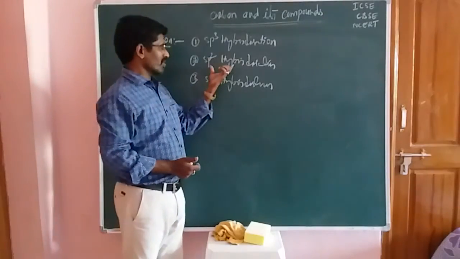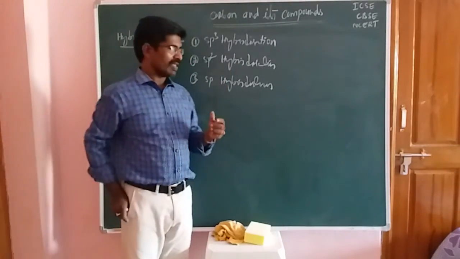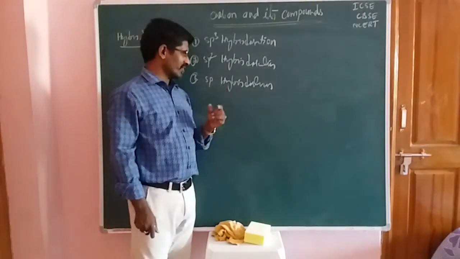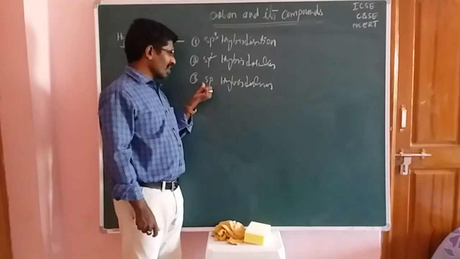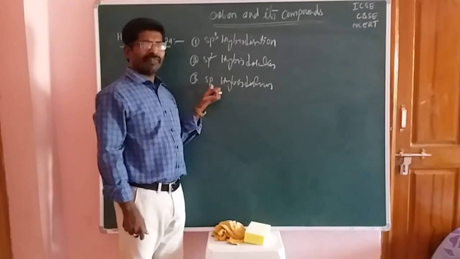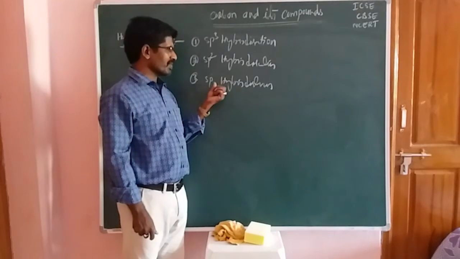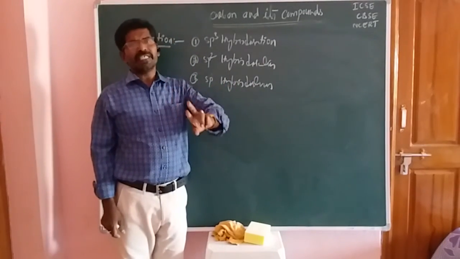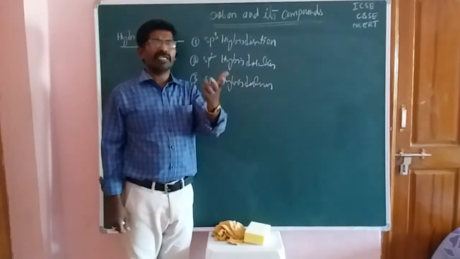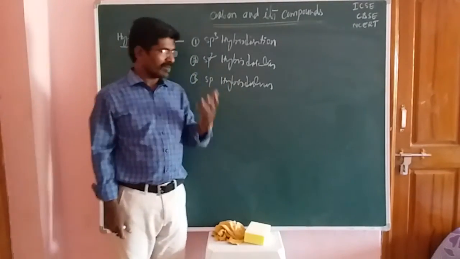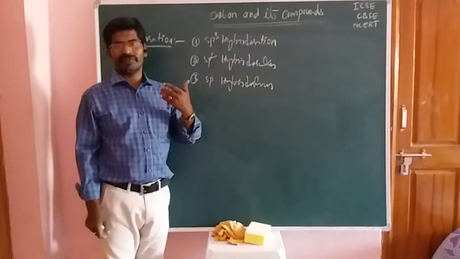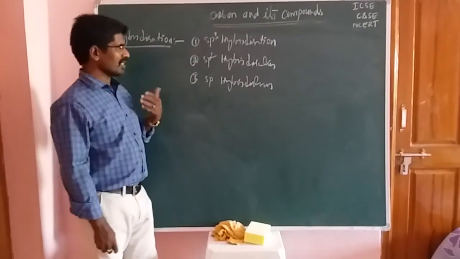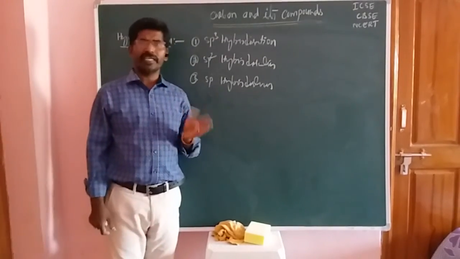The last one is sp hybridization. Here one s orbital is combined with one p orbital, and it produces 2 sp hybridized orbitals. So these are the types of hybridization: sp3, sp2 and sp.